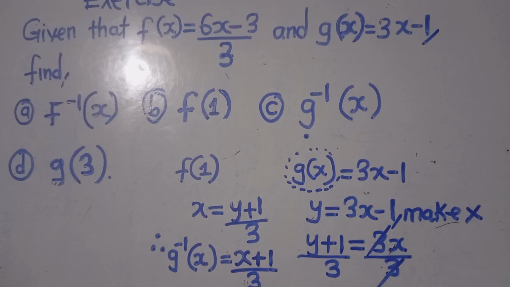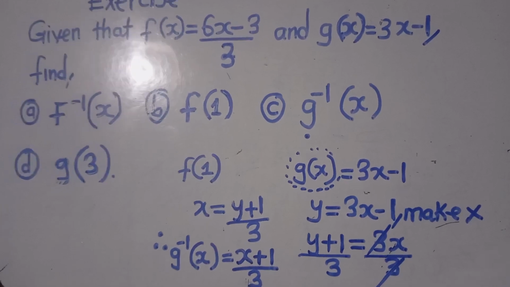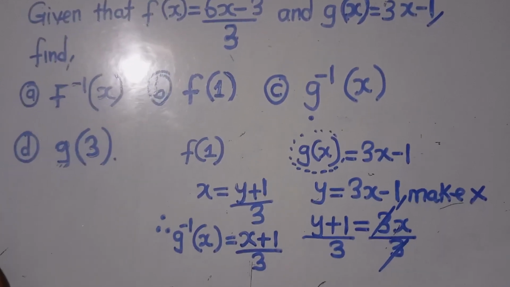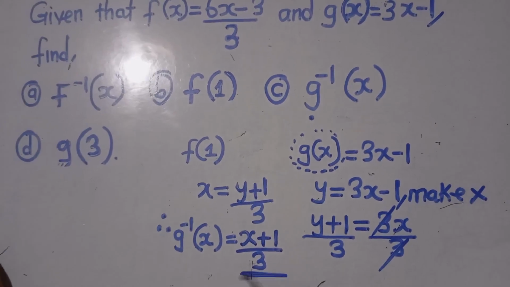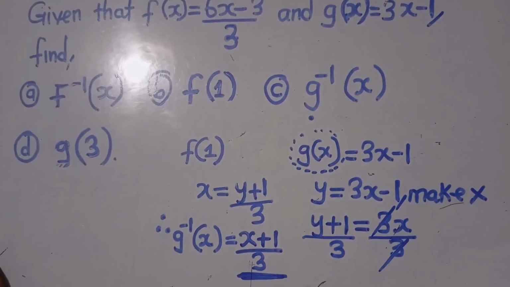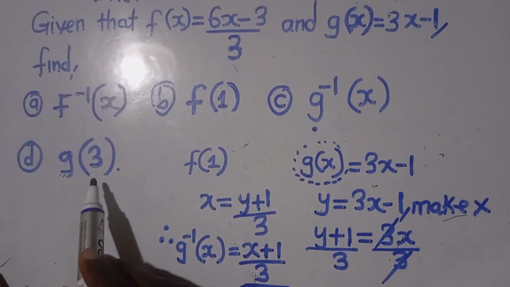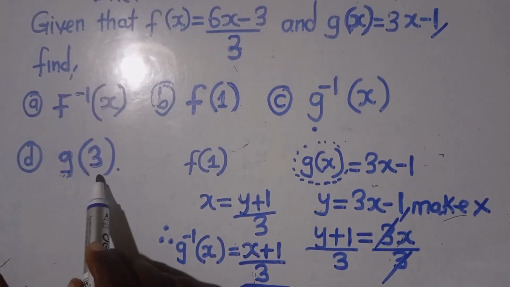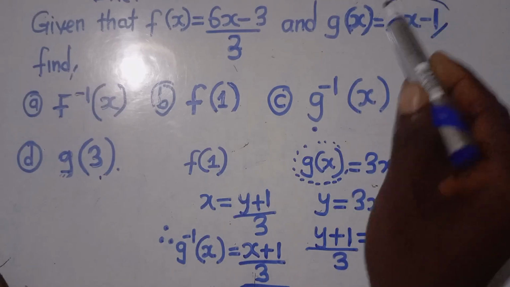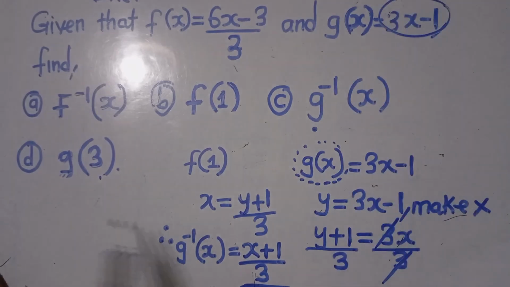So this is the answer that you get. This is what you are supposed to know and understand. So this is how you get to answer these things. From here, let us now go to this last one. Have you seen g of 3? This is to tell you that where there is x, you shall put a 3.